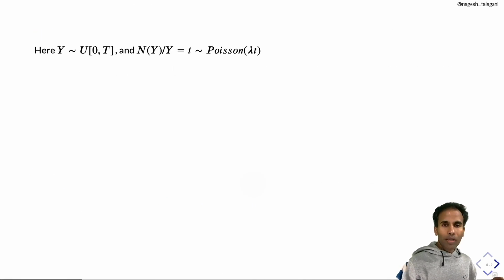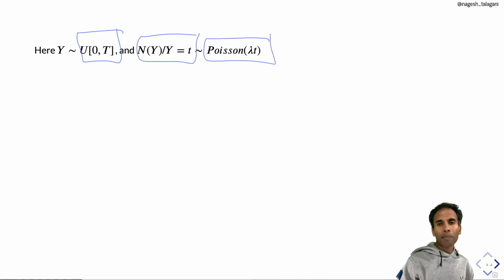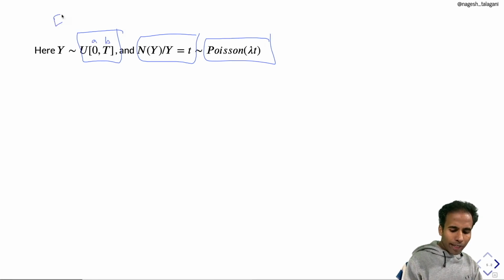Here it is given that Y follows a uniform distribution over the interval 0 to T, and the number of passenger arrivals by time t is a Poisson random variable with mean lambda t. So N(Y) given Y equal to t follows a Poisson distribution with parameter lambda t. See, if this is a and this is b, for a uniform random variable the expectation is (a plus b) by 2, and the variance is (b minus a) whole square by 12, right?